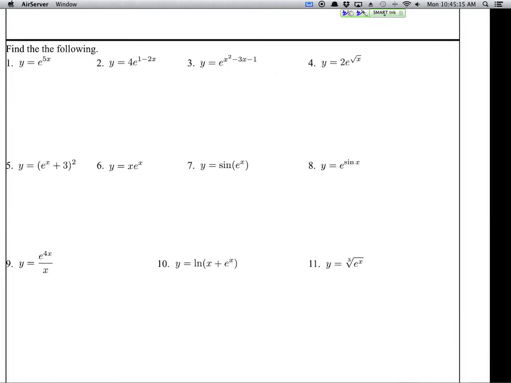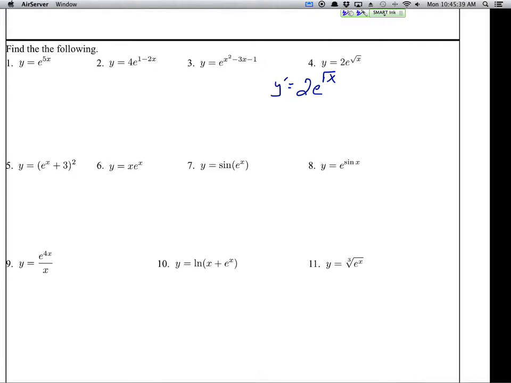Number 4 would be 2e to the square root of x times 1/2 x to the 1 half.